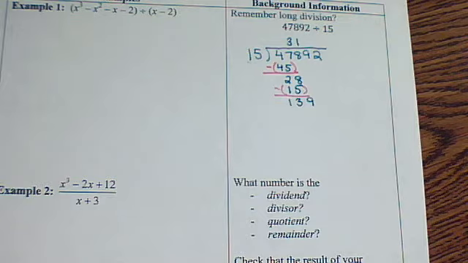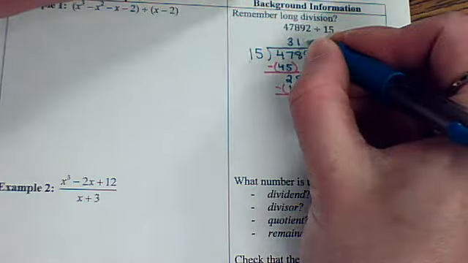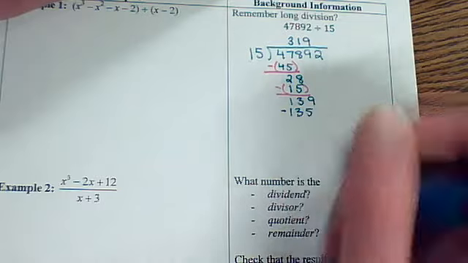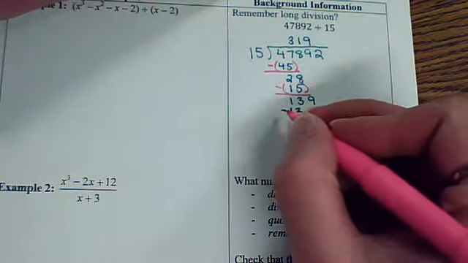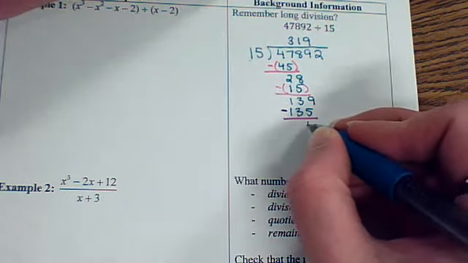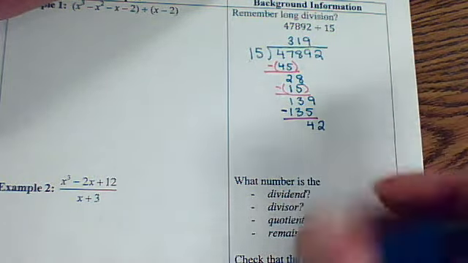Well, I know that 15 times 10 is 150. So 15 times 9 is going to be 135. That's perfect. And now we subtract. I went ahead and put the subtraction sign, but that's okay. And we subtract, and we get 4. Bring down the next term, we get a 2.